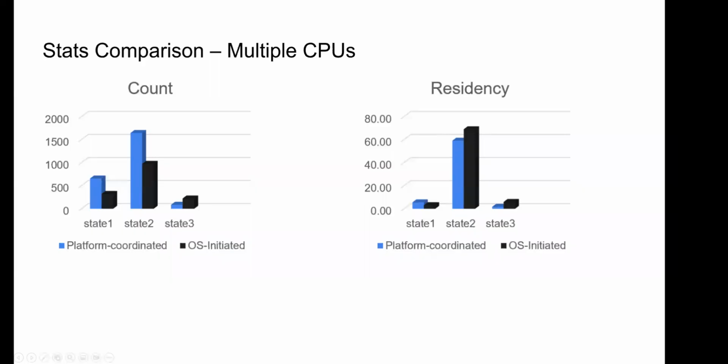In state 3, that is a cluster level state, the OS initiated scheme is able to almost match the single CPU use case, achieving around 6 seconds. Whereas in platform coordinated, it is achieving only around 1.5 to 1.7 seconds in the idle state.